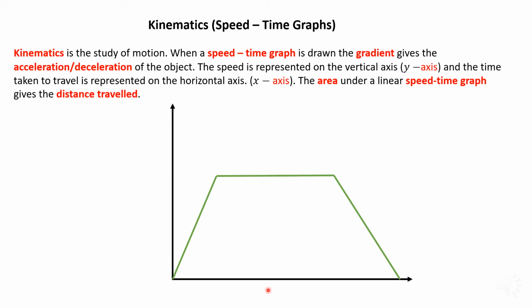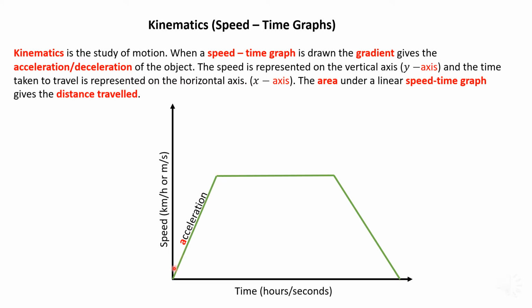The speed is either given in kilometers per hour or meters per second, and the time is given in hours, seconds or minutes, depending on the unit that you are dealing with. Now the acceleration, as you can see on this representation, is the graph that goes upwards.